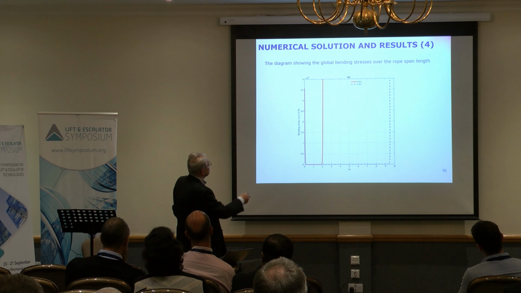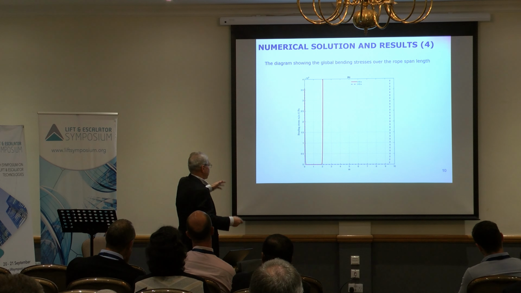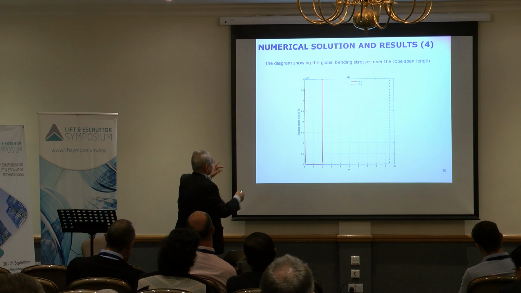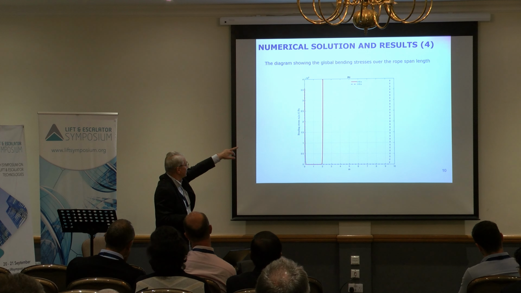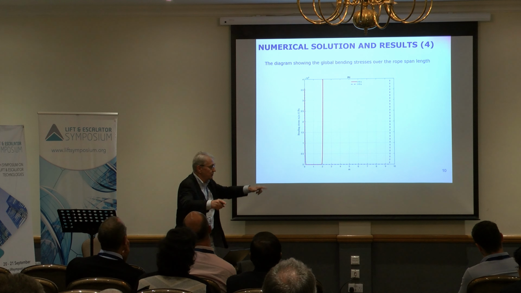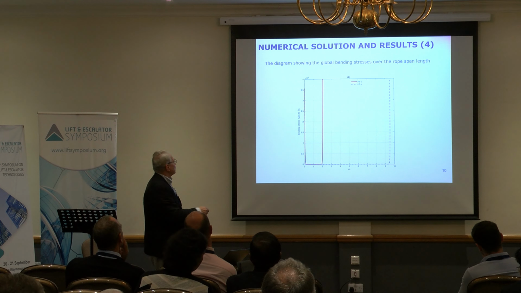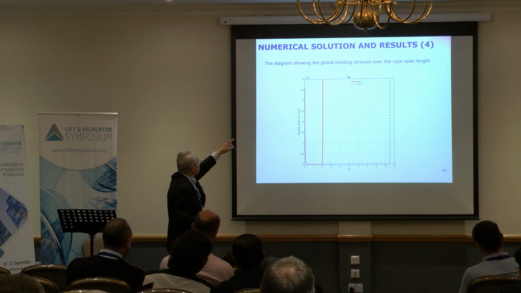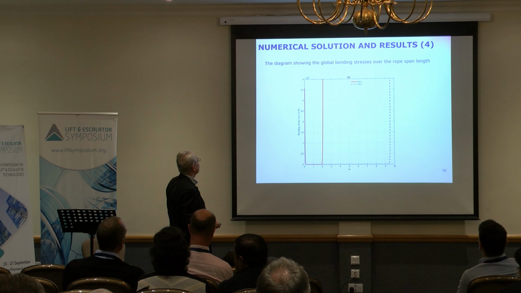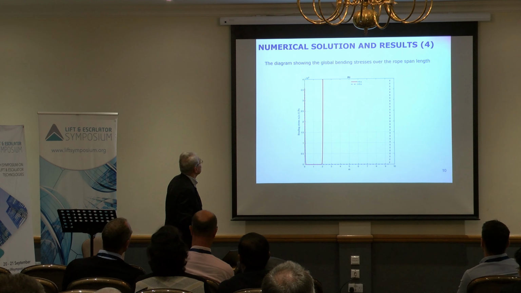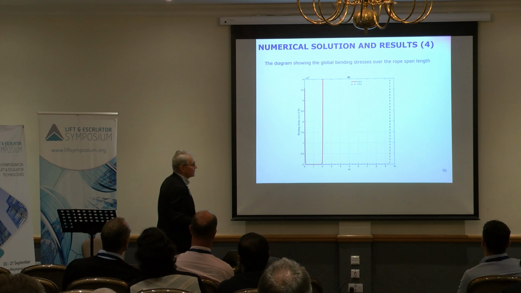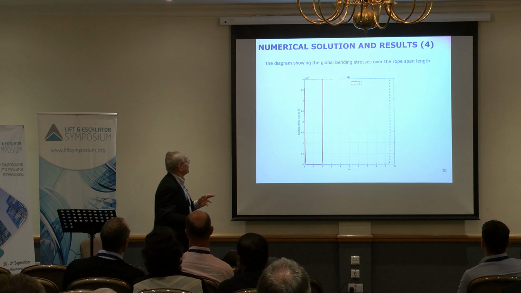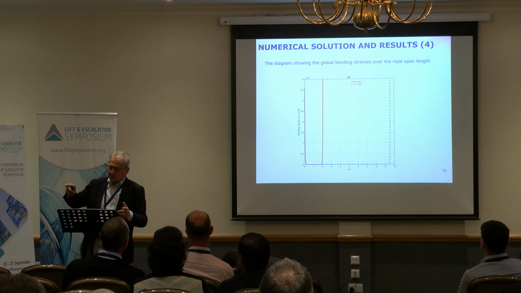The diagram shows stresses over the arc of the length from 0 to 10 meters. And that's at the beginning, which is the red line, and at the end of the moving system. Okay? So what we get, the maximum stress at the beginning is about 350 megapascal for the traction sheave, and about 400 megapascal for the other end, which is the pulley.